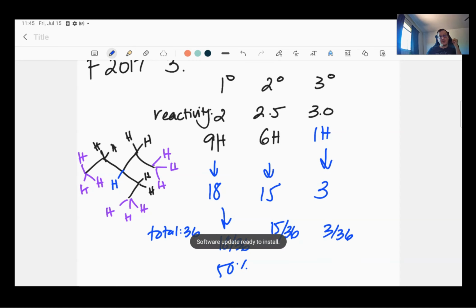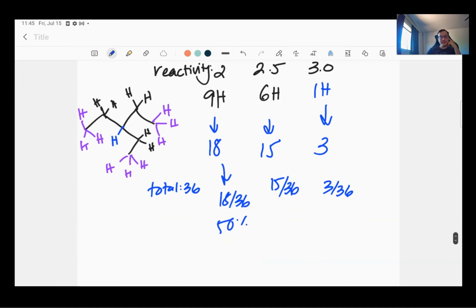Do the math for me. What is 15 over 36? 43. Okay, so 3 over 36 is 8%. And then this must be 42% by just subtraction.